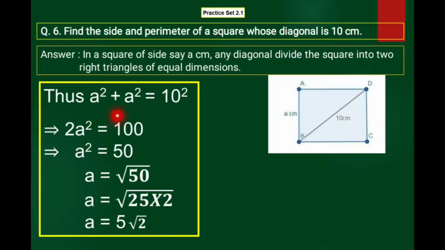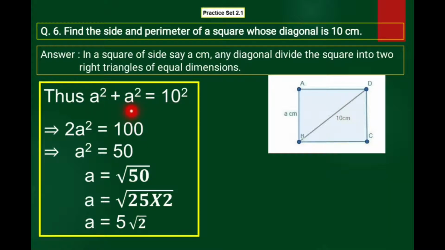So we use the Pythagoras theorem: AB square plus AD square equals BD square. AB is a, so we write a square. AD is also a, we write a square, and the hypotenuse BD is 10, so a square plus a square equals 10 square.